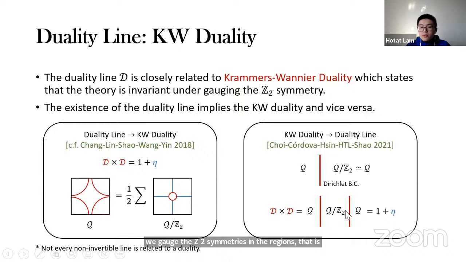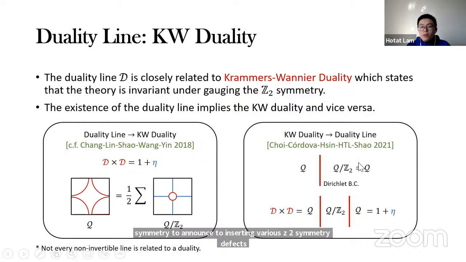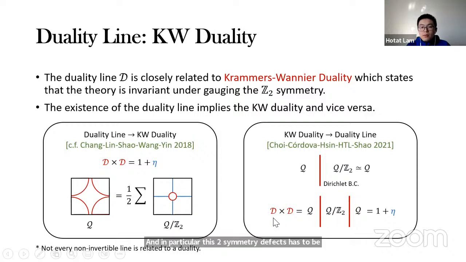And gauging a Z2 symmetry amounts to inserting various Z2 symmetry defects. And in particular, this Z2 symmetry defect has to be parallel to these two duality lines. So as a result, we learn that if we fuse two duality lines, it's equivalent to 1 plus eta. Okay, so this gives us the derivation from Kramers-Wannier duality to the duality line.